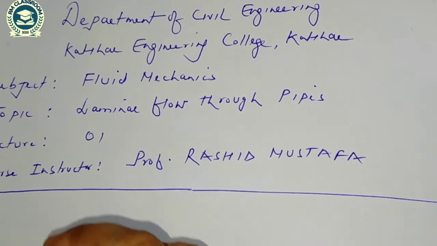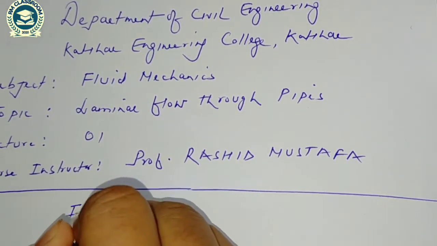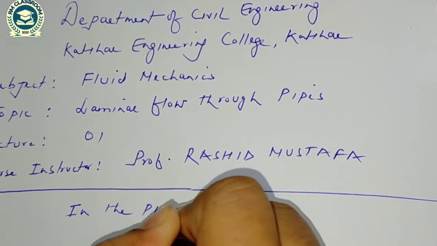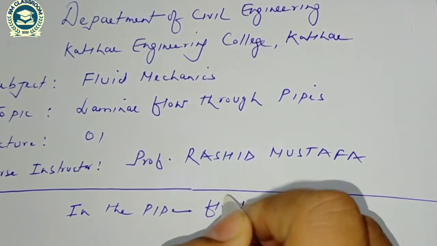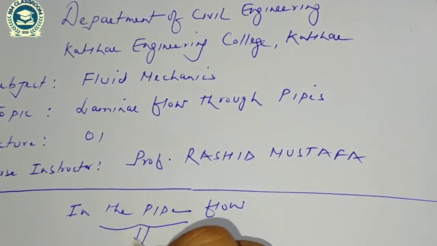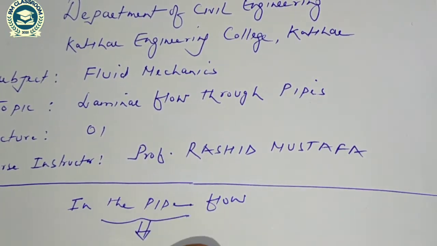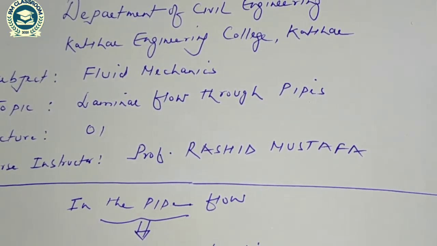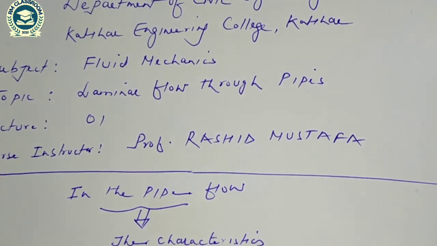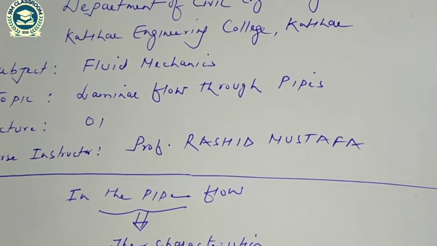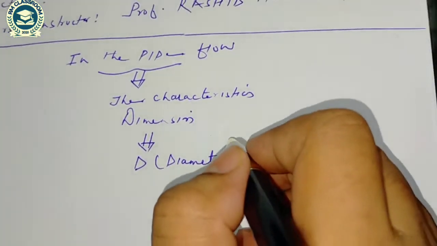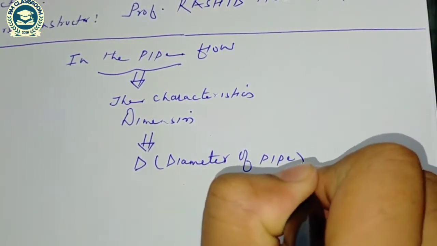So in pipe flow, the characteristic dimension is the diameter of the pipe.